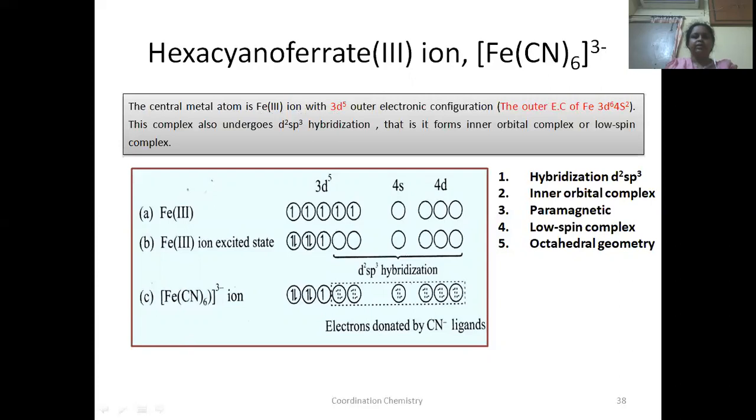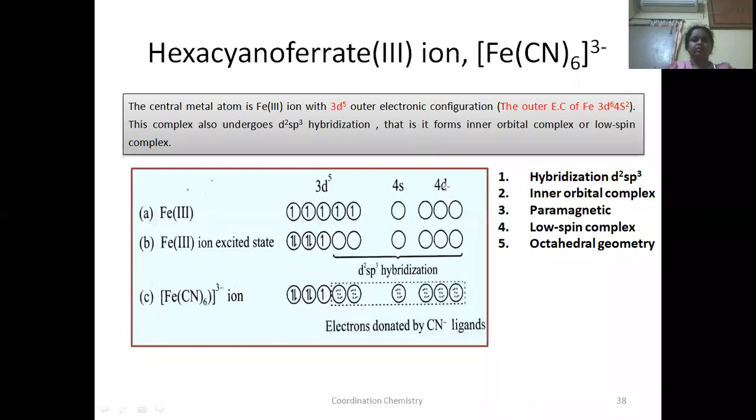Now let us write the configuration. Here circles are shown to indicate the electronic configuration. The iron 3 plus electronic configuration is 3d5 4s0, and the next orbital is 4p orbital. This is not d, this is p here. There is a correction here. I'll correct it now. 4s, this is 4p.